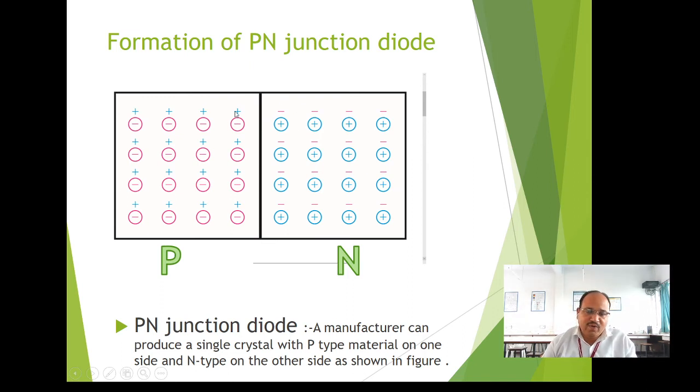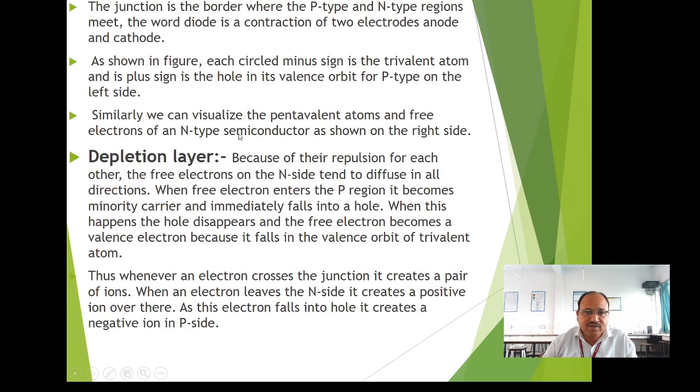So every electron transiting from N type to P type creates a pair of positive ion and negative ion, with the negative ion towards the P side and the positive ion towards the N side. This pair of positive and negative ion is called a dipole.